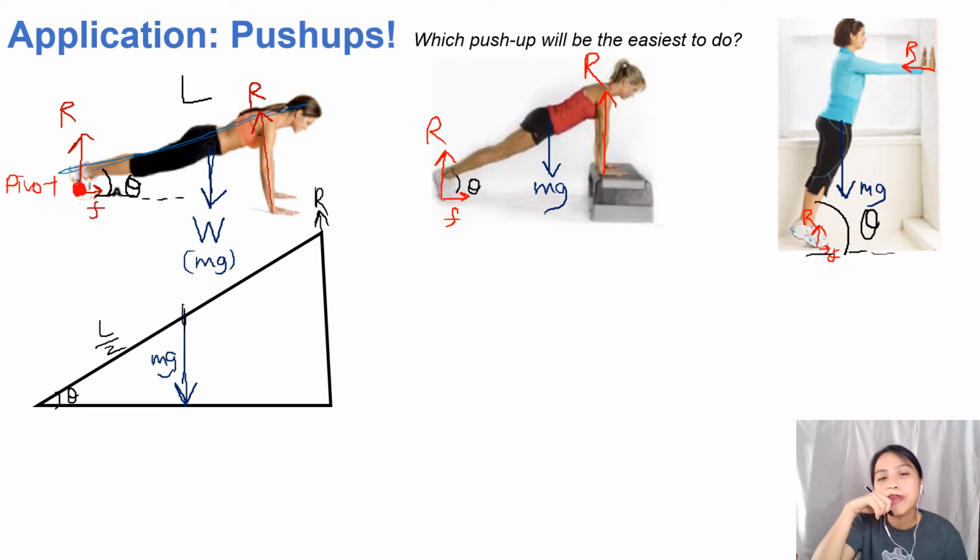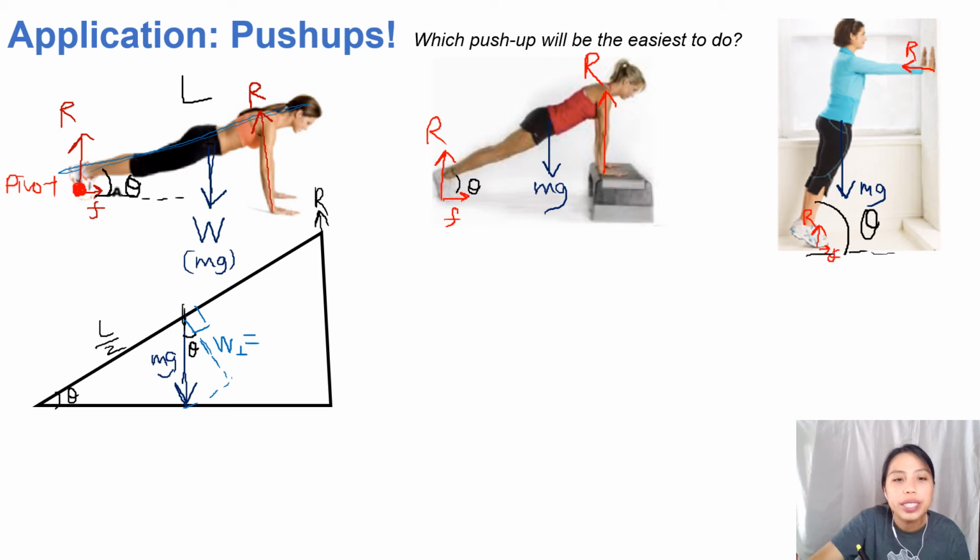So for this case, I'm going to resolve the weight to make it perpendicular. I draw a perpendicular line because I want to find this perpendicular weight. What's the angle? If theta is that one, theta is also this one.